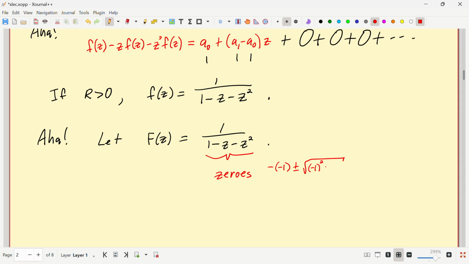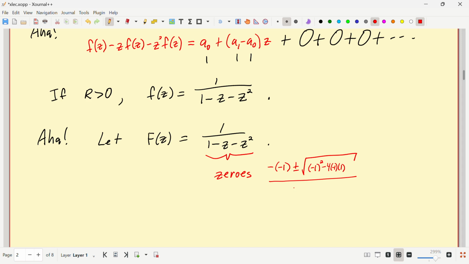So it would be minus 4 times minus 1 times 1, over 2a.